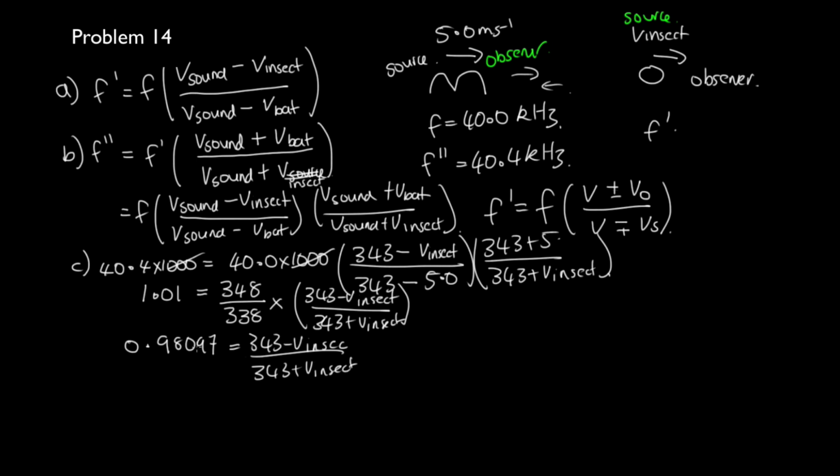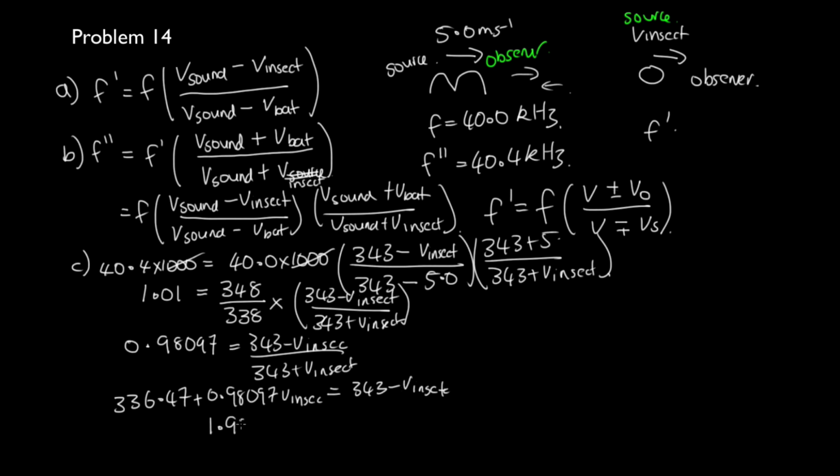then multiply both sides through by the denominator, and when we do that we get 336.47 plus 0.98097 velocity of insect is equal to 343 minus the velocity of the insect. Move the two velocity of insect terms to the left side and the numbers to the right side.